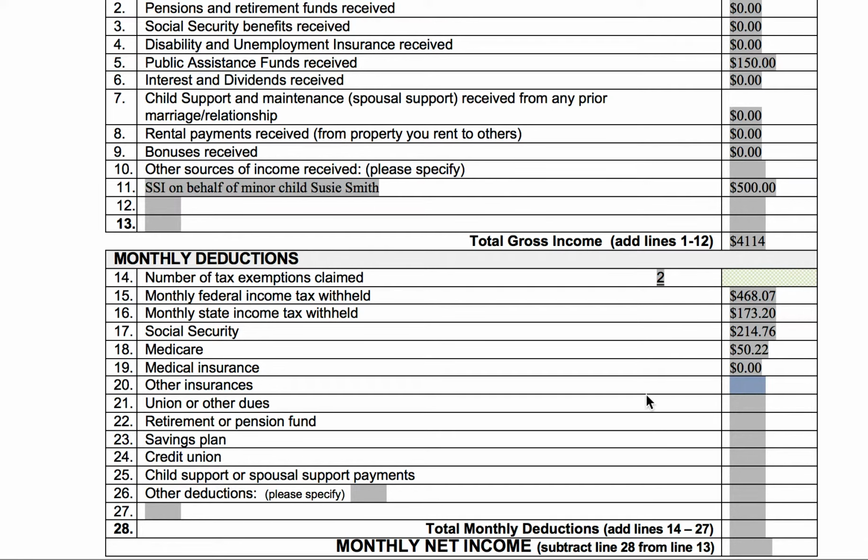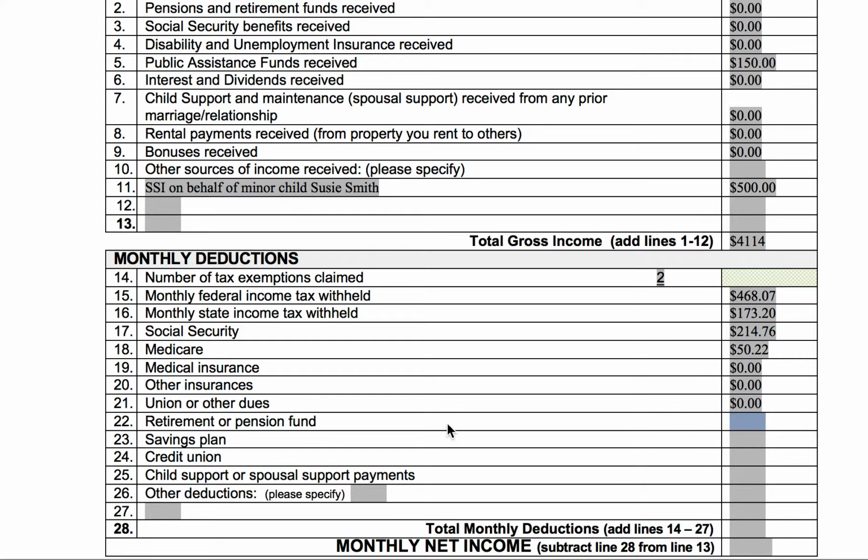Other insurances is if you have dental or vision or accidental health or any other sort of insurance, again, that is automatically pulled from your check. And we're just chugging through these. If you have union or other dues, again, that come automatically out of your check, you'll put them there.